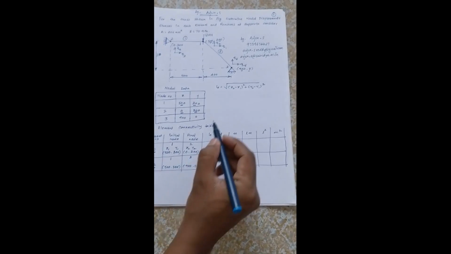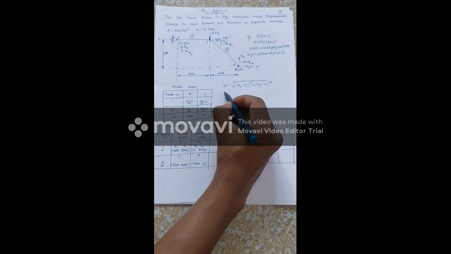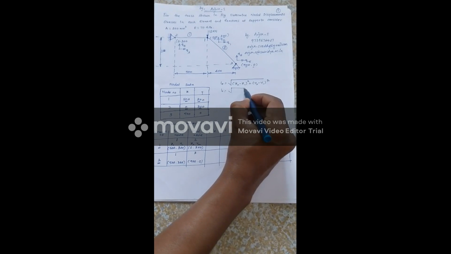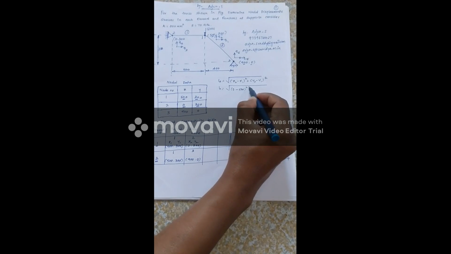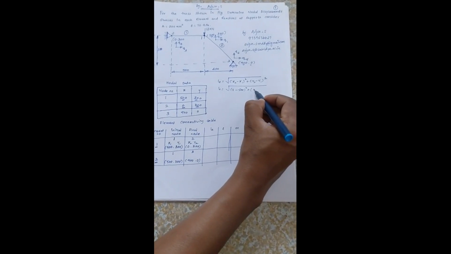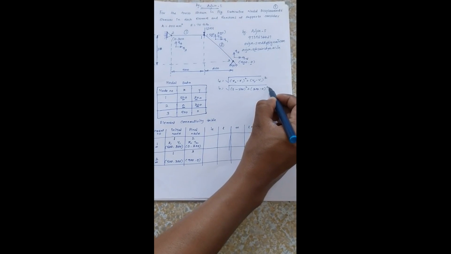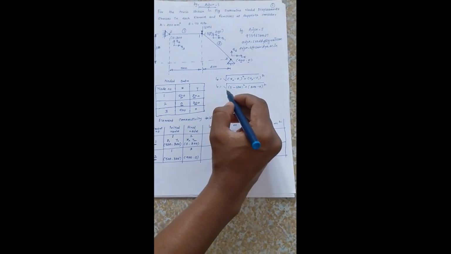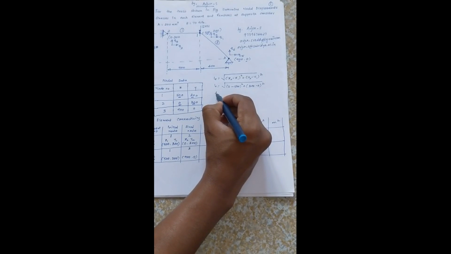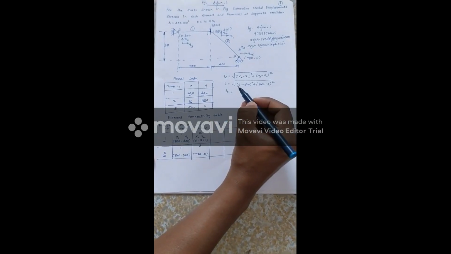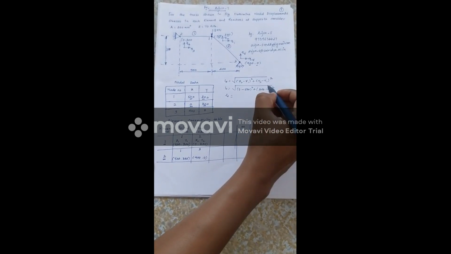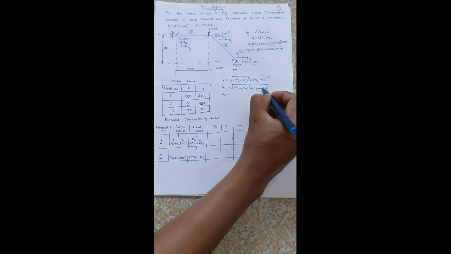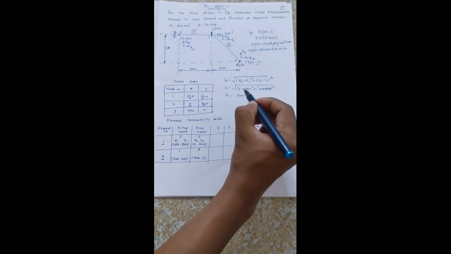So now you can substitute for element 1 these values: x2 is 0, x1 is 500 whole square plus y2 is 300, y1 is 300 whole square. And if we find the value of LE, the value of LE will be 500 for element 1.